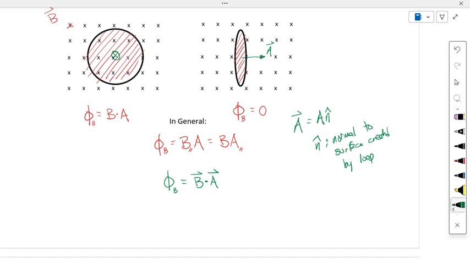Dot products only evaluate to a non-zero answer if there are components of one vector parallel to another, and therefore vice versa. What's it measured in? Apparently Tesla meters squared. Is there a different name for that? I don't know. Okay, good, fine.